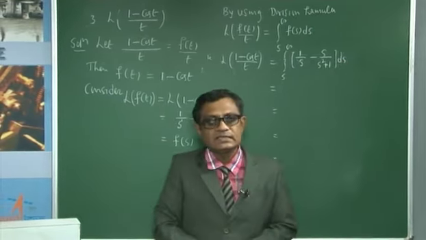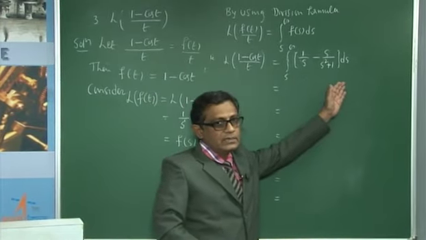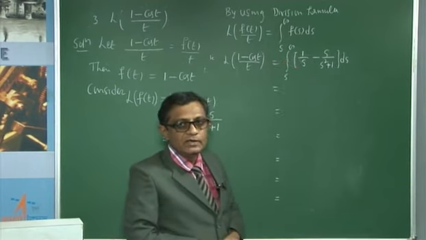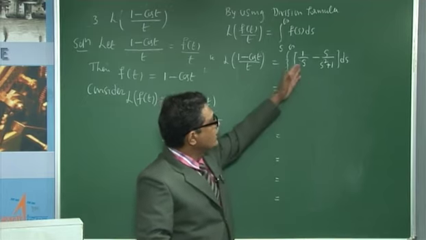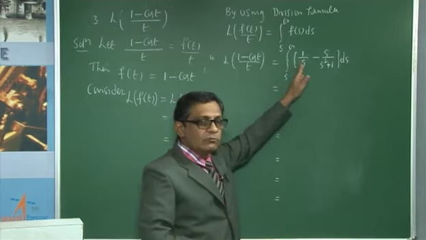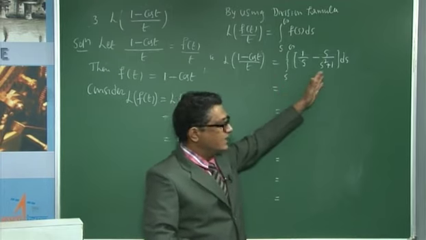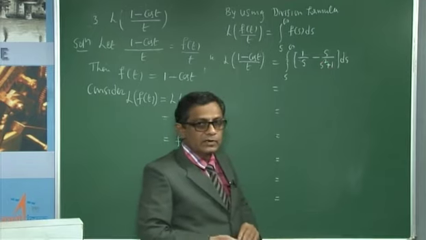Now the next step is you have to integrate with respect to s between the limits s to infinity. How to do this integration? The first one you are doing as usual: integration of 1 by x is log x. What about the second term? It is s divided by s square plus 1.